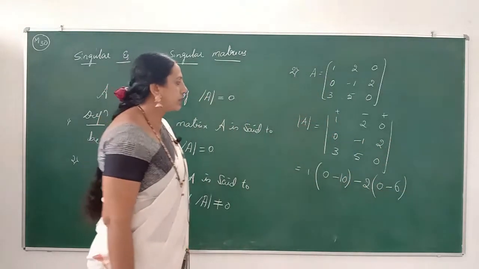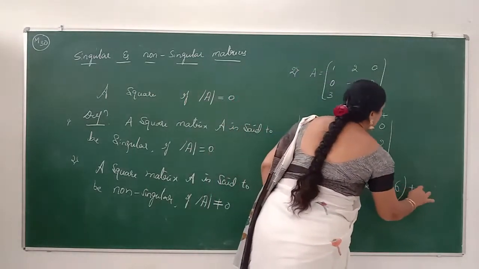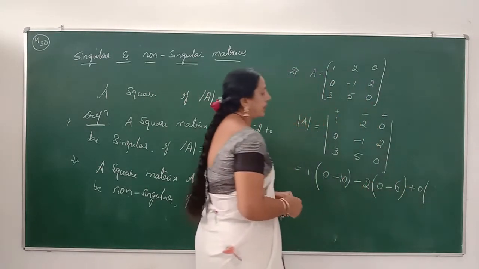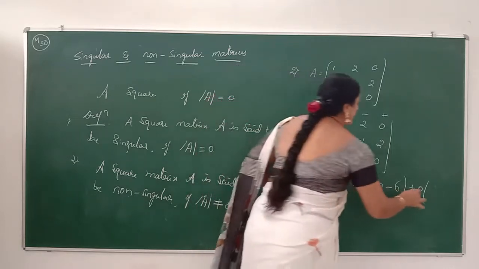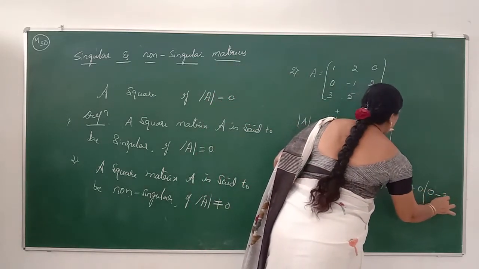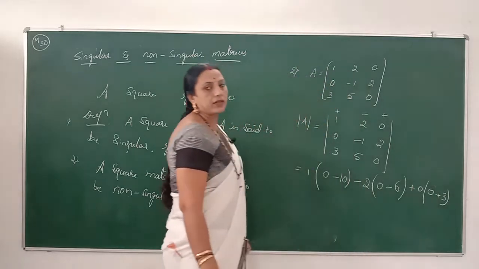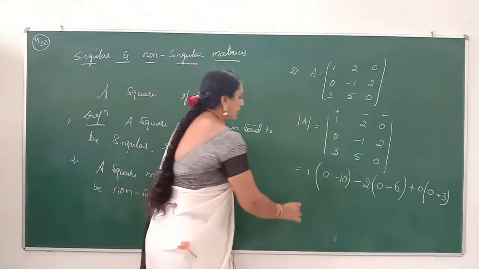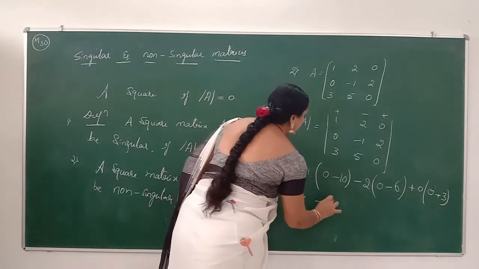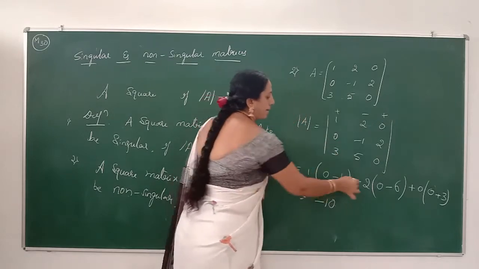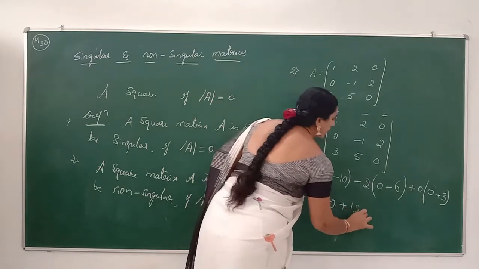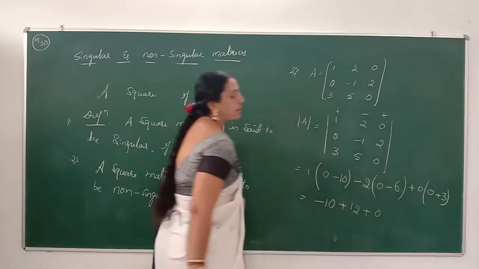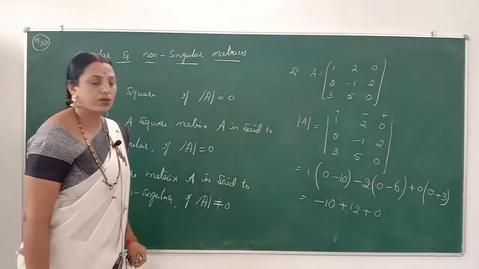Then the third element is plus 0, where 0 is an element of first row, third column, and again these are neglected. The product of left diagonal is 0 minus right diagonal is minus 3. After that we simplify: 1 into minus 10 is minus 10, minus into minus is plus, 2 into 6 is 12, but the third element is a multiple of 0, which is also equal to 0.